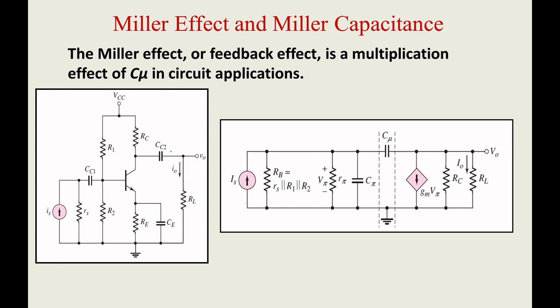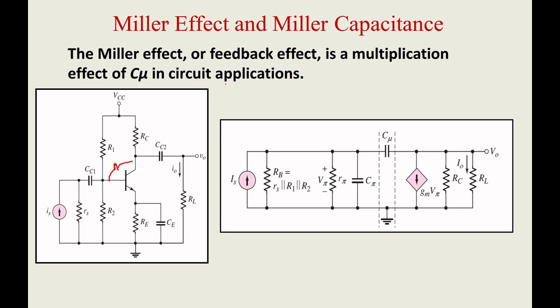Okay, so I said already the Miller effect is called the feedback effect, because ultimately the Miller capacitance is coming in between your input and output, so it is something like a feedback. That's why it is named the Miller effect or feedback effect.